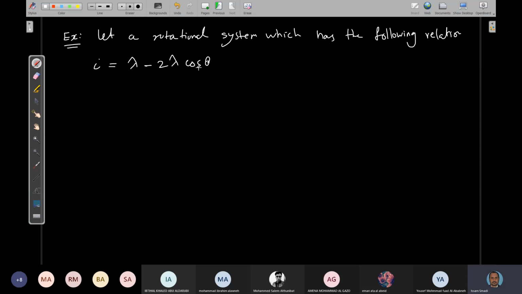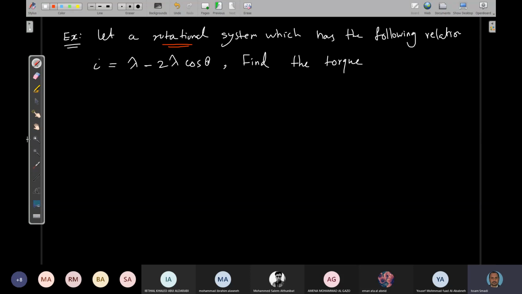And I need you to find the torque. Why here am I saying torque, not force? Because this system is a rotational type system. So I need to find the torque.